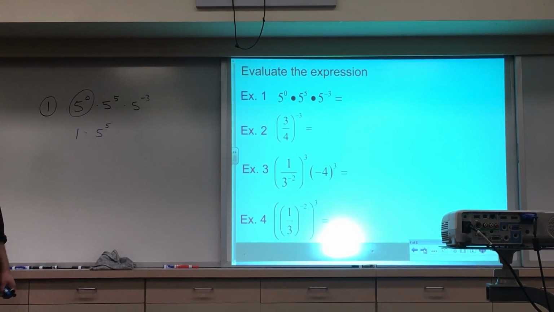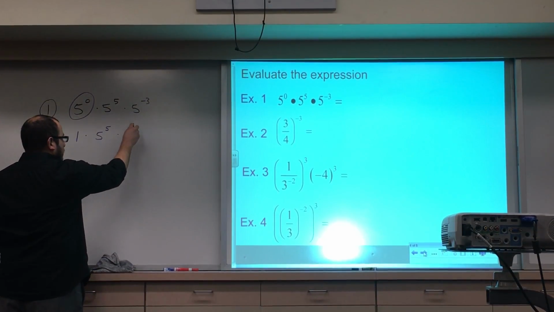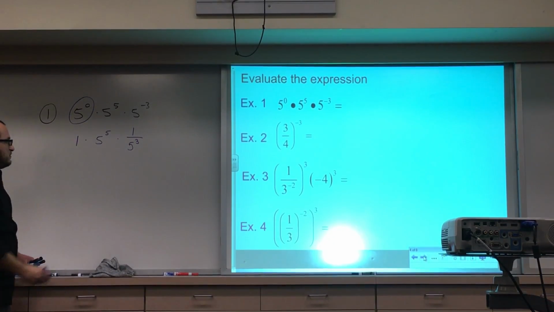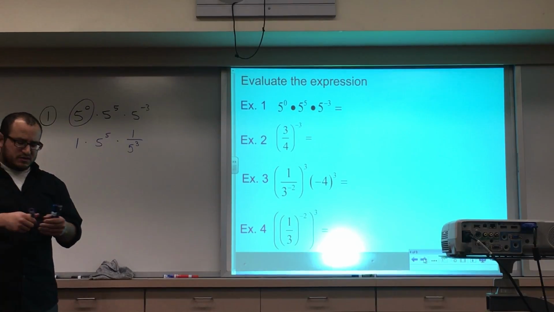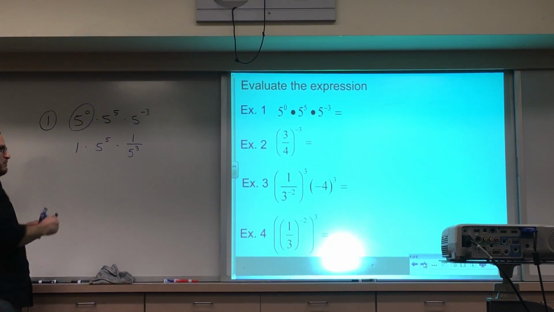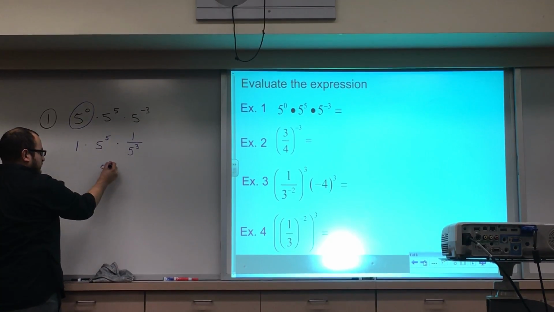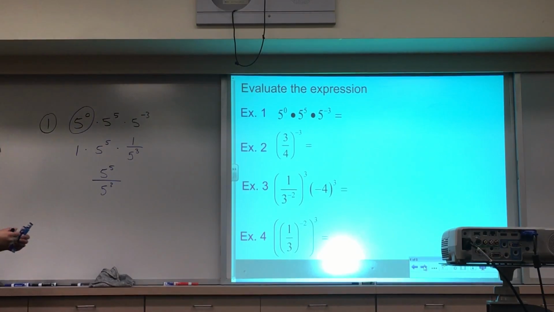And 5 to the power of negative 3 becomes 1 over 5 to the power of 3. This is just one of the many ways you could solve this. Let's multiply across. 1 times 5 to the 5th times 1 is 5 to the 5th, and 5 to the 3rd stays on the bottom.